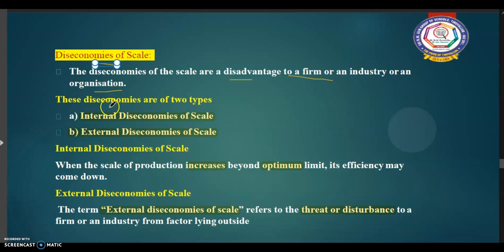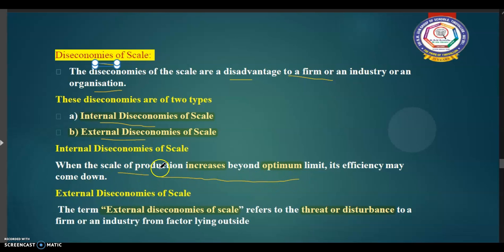There are two types, that is internal diseconomies of scale and external diseconomies of scale. When the scale of production increases beyond the optimum limit, its efficiency may come down. So this is internal diseconomies of scale.